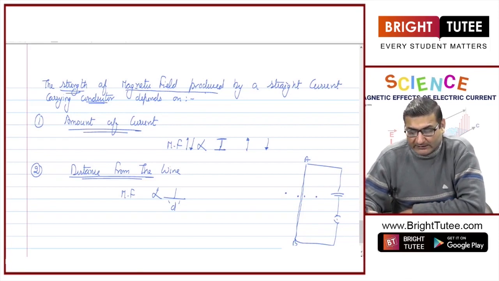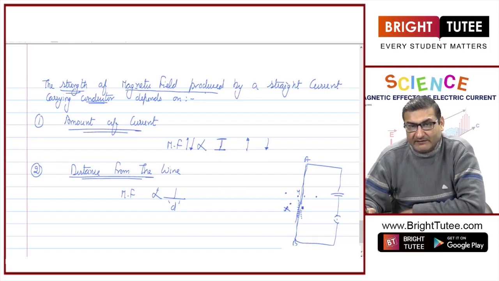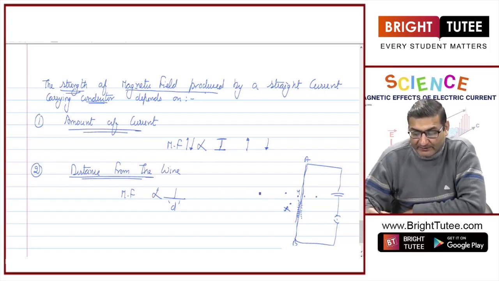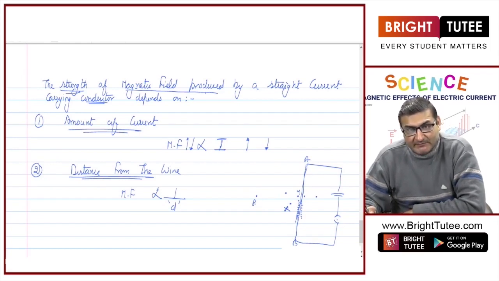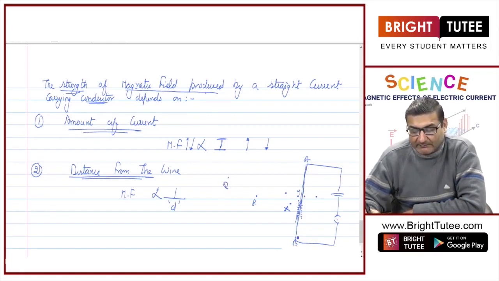So I conclude that the magnetic field is strong at any point near the wire, and if I go to this point X, then as compared to point Y, the magnetic field will be a bit weaker. If I go further beyond to this point P, the magnetic field will be weaker still, and if I take the point Q out here, probably the effect of the magnetism of this wire won't be felt at this point.